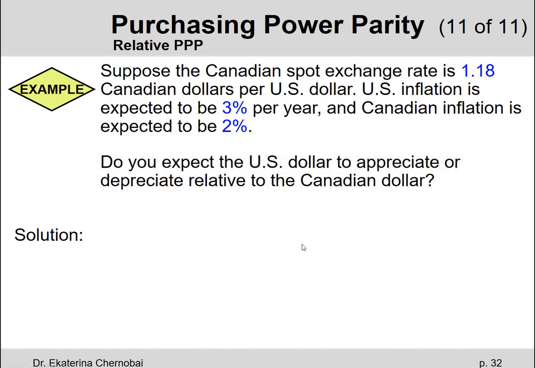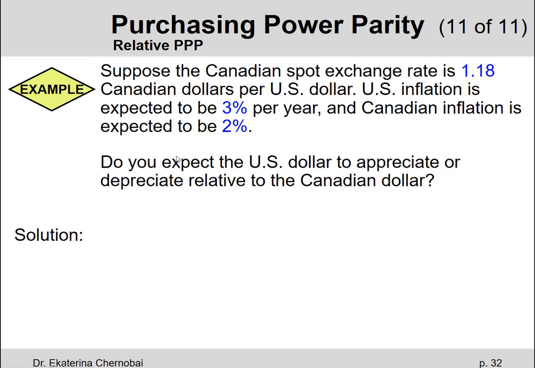Let's do an example. Suppose the Canadian spot exchange rate today is 1.18 Canadian dollars per US dollar. The US inflation is expected to be 3% per year, and the Canadian inflation is expected to be 2% per year.